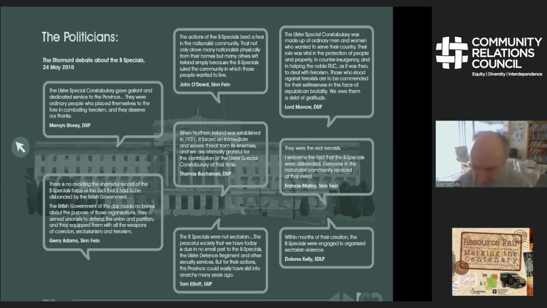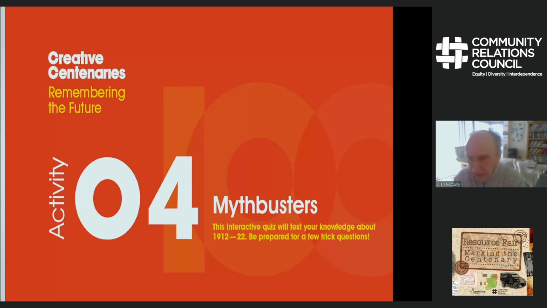Conscious that time's nearly up, I just want to draw your attention to the Mythbusters. There are about 25 little myths from the whole period from 1912 to 22 that are featured. For instance, the signing of the Covenant in blood.